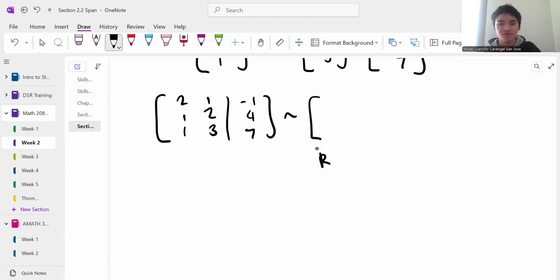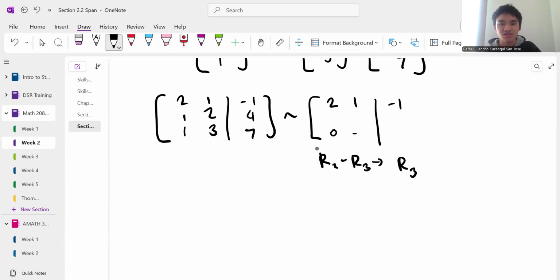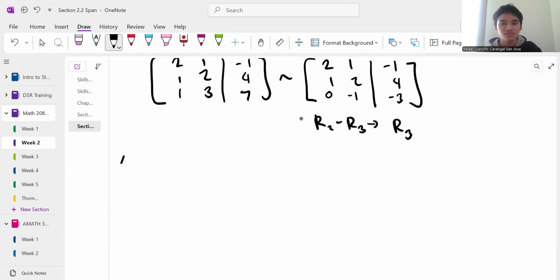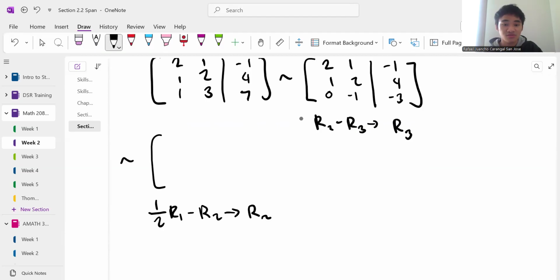I would subtract row 2 from row 3 and put that in row 3. Here I'll try to speed it up a bit since you already learned this. 2 minus 3 is negative 1, negative 3, 1, 2, 4. Let me make this a 1. I'd multiply a half to R1. That gives me a 1. Subtract it from R2, and put it in R2.